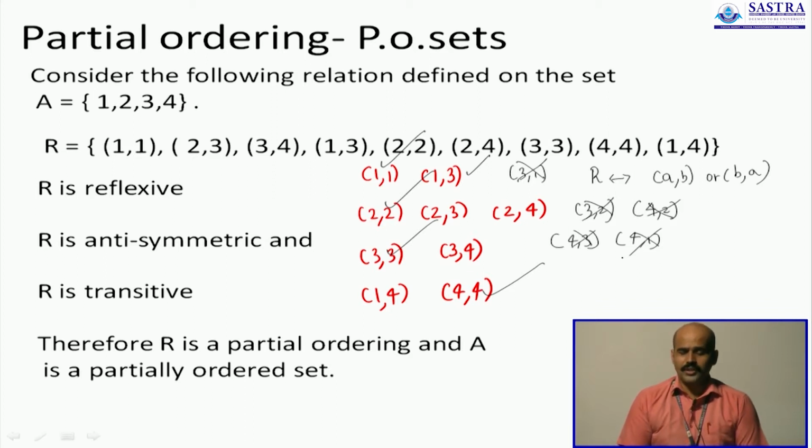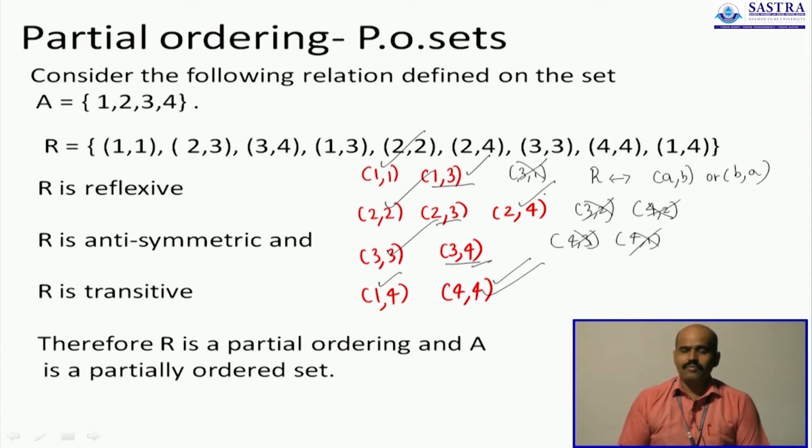Moving further, we can also justify that this relation is transitive. For any distinct elements A, B and C, whenever A, B and B, C are part of the relation, we will also find that A, C is part of it. You have 1, 3 and 3, 4 that leads to the pair 1, 4. You have 2, 3 and 3, 4 that leads to the pair 2, 4.